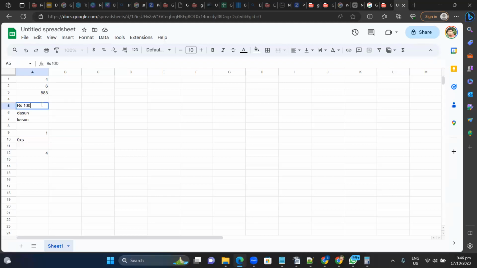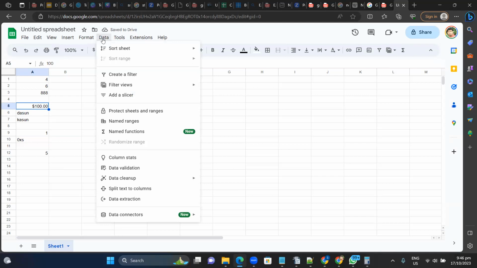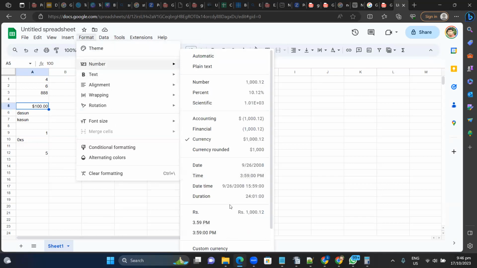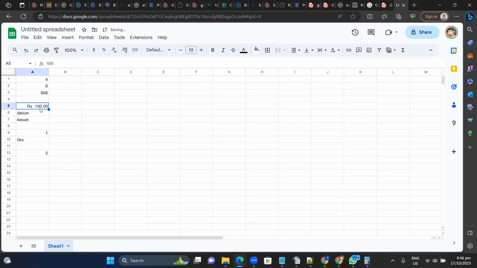RS space 100 is not a price, so it is not counted. But if you put 100 and then insert RS from the currency format, that will be counted as a number.